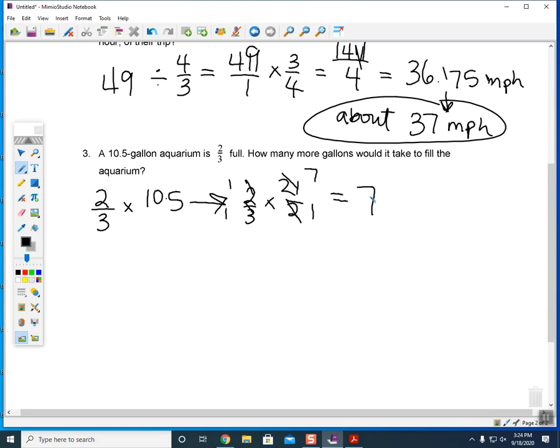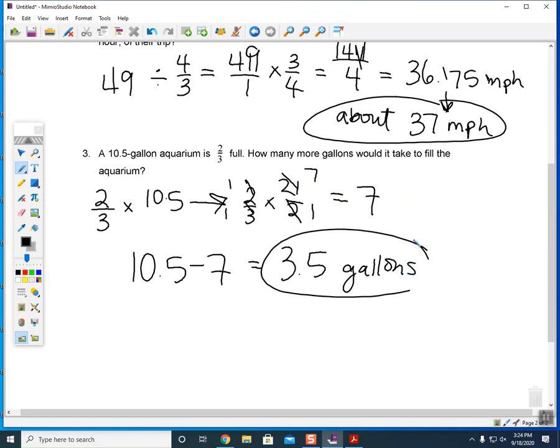So 2/3 of it is 7 gallons. I'm not done yet though, because I need to know how many more gallons I need. So I'll take my 10.5 minus my 7 gallons, and that's going to give me 3.5 gallons. I need 3.5 more gallons to fill up my aquarium.